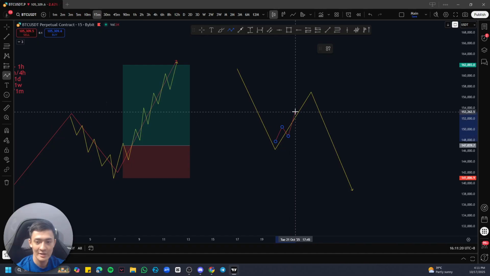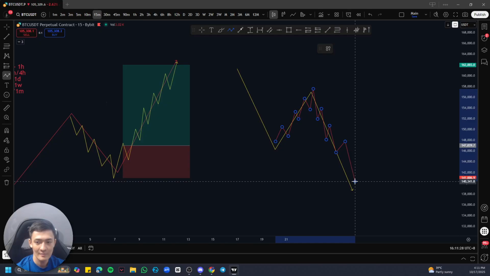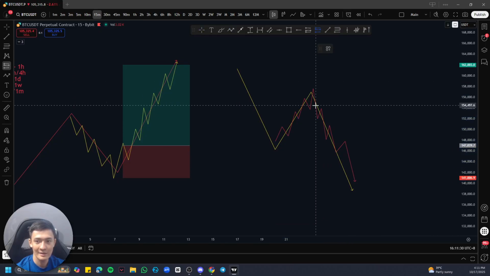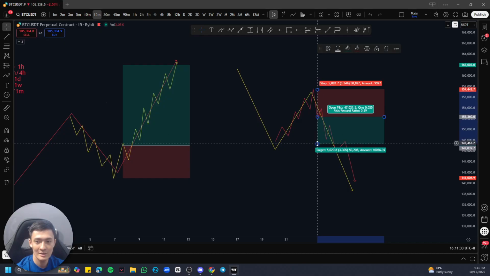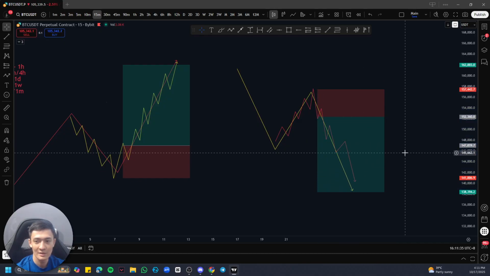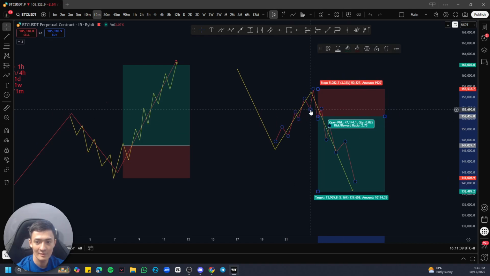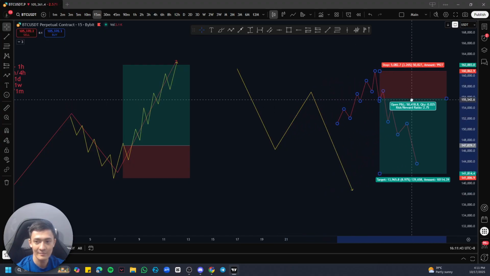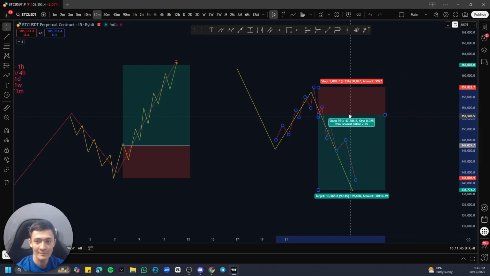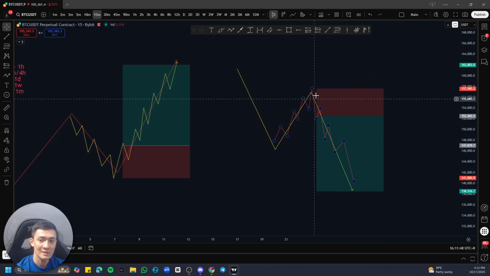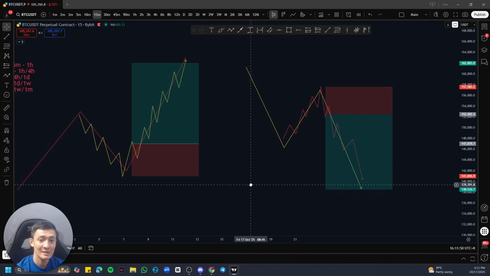So instead of trading this uptrend, wait for that change of character, wait for the lower time frame to align with the higher time frame and then get in on this impulsive move. The probability of making profit, making a bigger profit, is much higher, right? Because we have lower time frame and higher time frame alignment.